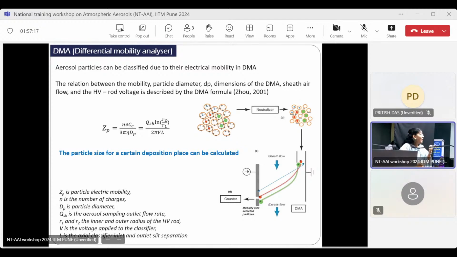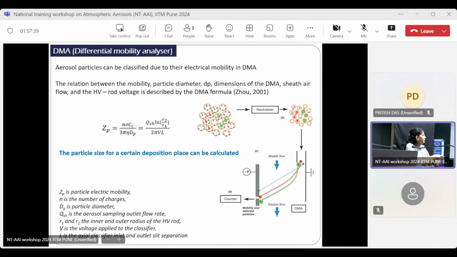You know the charge. And how do you know the charge? That also we saw, for example, there is the Fuchs theory. From the Fuchs theory or the Wiedensohler approximation, you know the charge. So the charge is known. The only unknown is your diameter. So you have particles of different sizes.